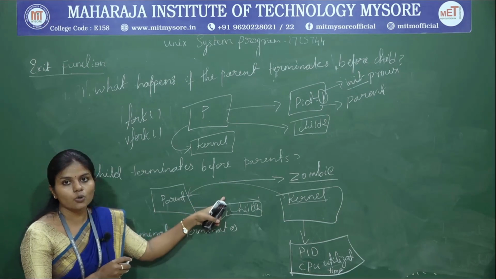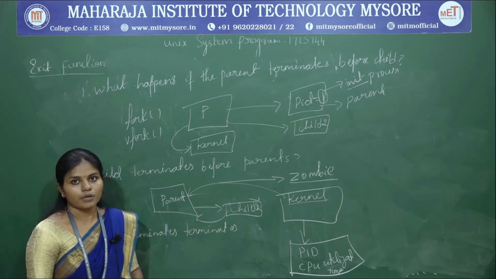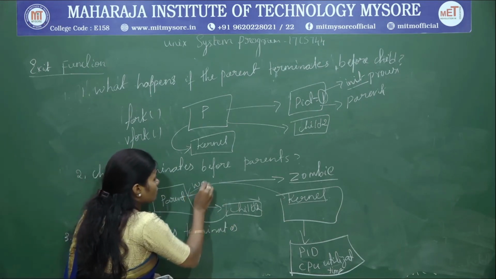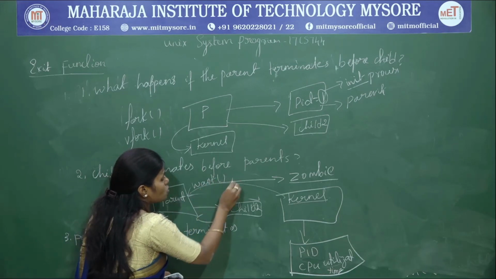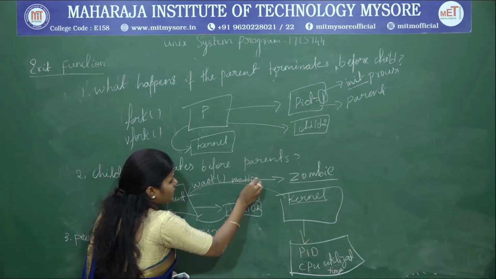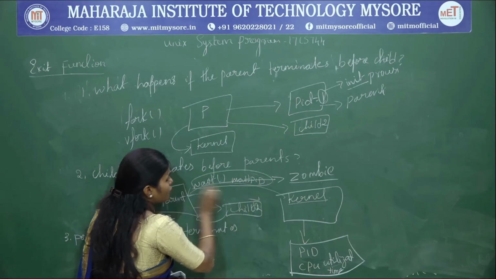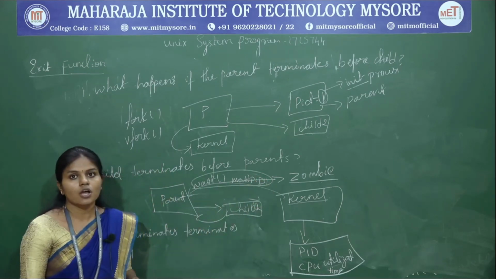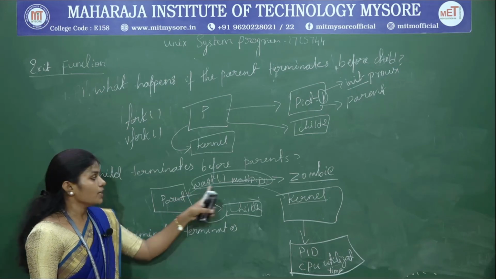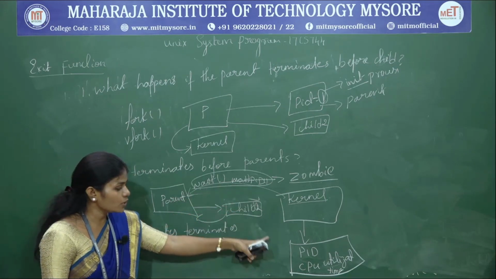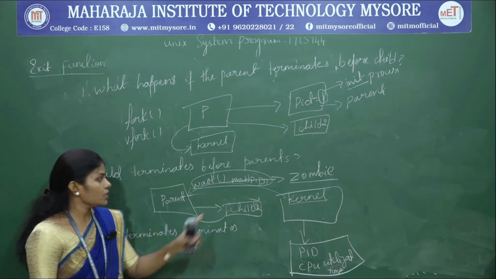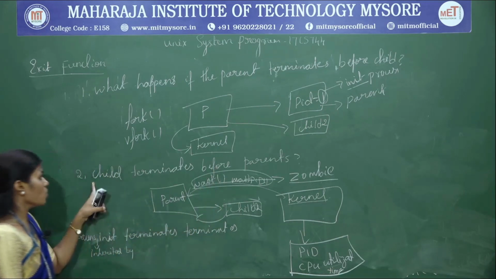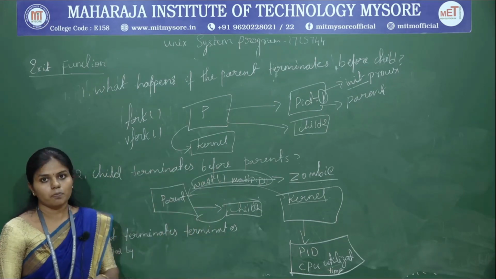The parent will get to know that child 1 is terminated. For that, we are going to make use of wait or waitpid. These are the two important functions the parent uses to find out whether the child is terminated or not. So this is the solution for a child that terminates before the parent.